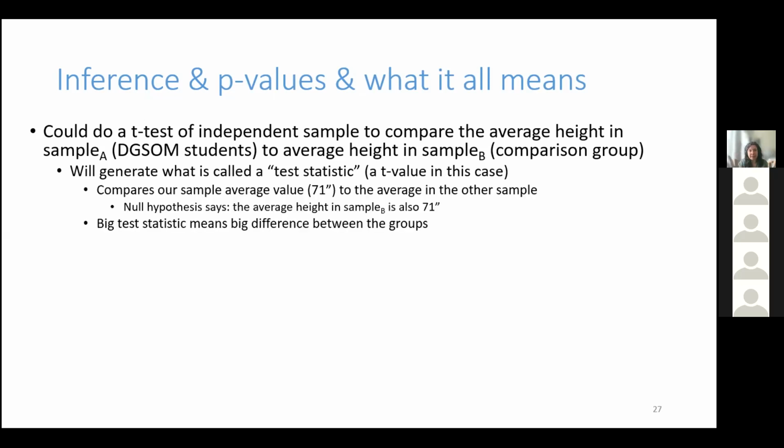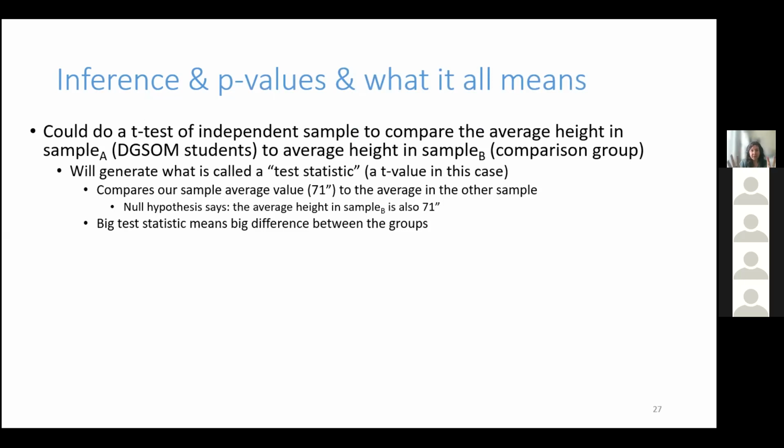And that test statistic takes our sample average, which was 71 inches, and compares that to the average in the other sample. Just as a reminder, the null hypothesis would say the average height in that other sample is also 71 inches. So the null hypothesis is that these are the same, okay?